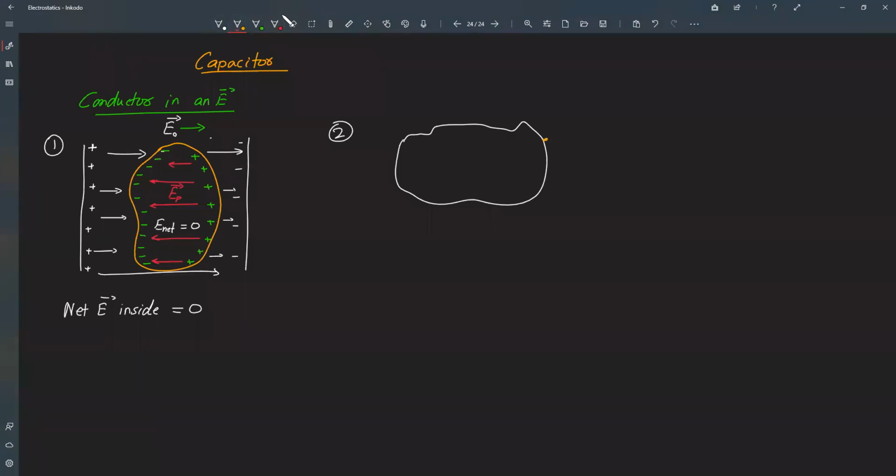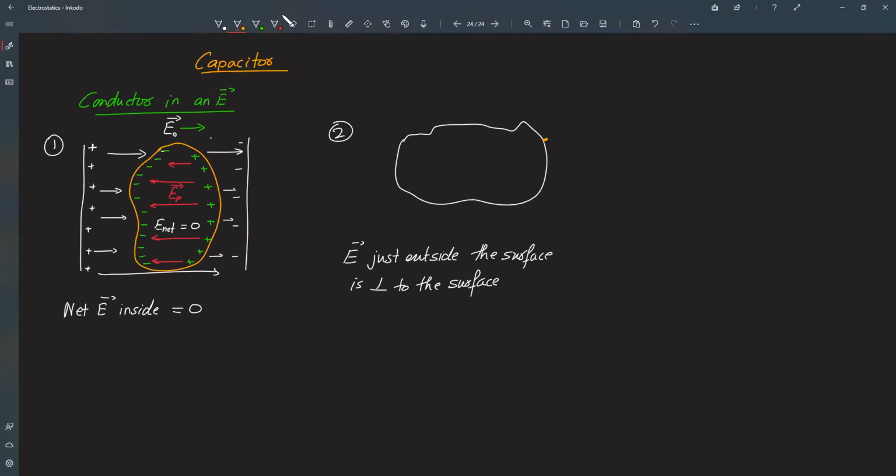So at this point the electric field is perpendicular to the surface of the conductor. The electric field just outside the surface is perpendicular to the surface. That means the lines of force which come out of the surface will always be perpendicular to the surface. And we have already seen how or why it is like that.